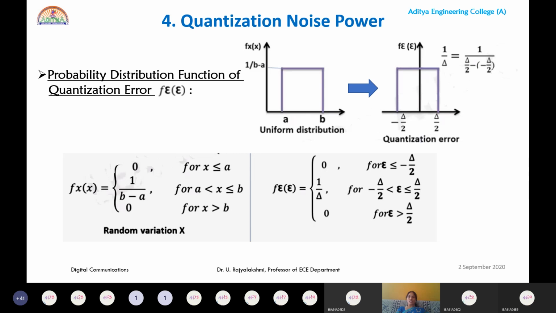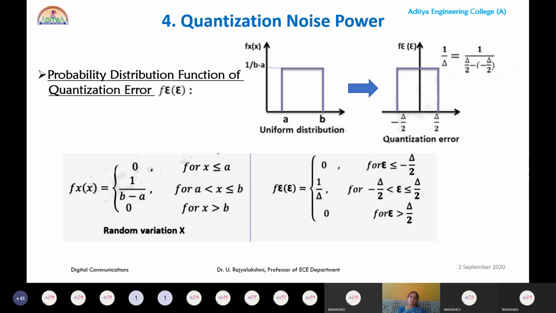So what is the quantization error? That ranges from minus delta by 2 to plus delta by 2. Because it is uniform quantization where the step size is fixed, the magnitude is uniform. Any function, if it is uniform between the two extremities a and b, has magnitude 1 by b minus a.